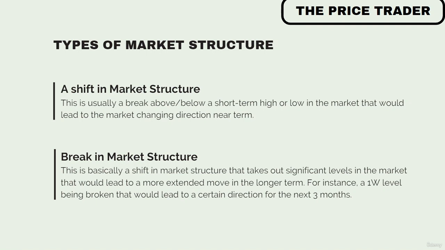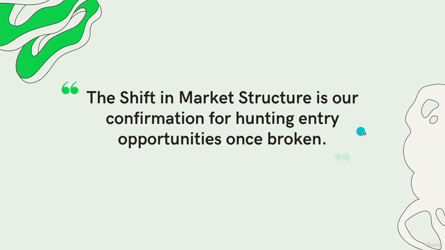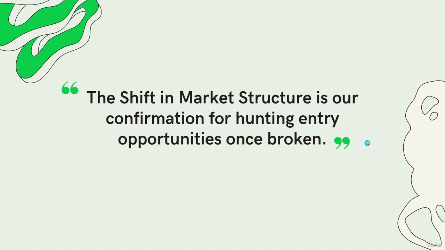As we've said, if the 1 week chart has broken a high or a low, it takes the market in the next 3 or 6 months in a certain direction. This shift in market structure, as we have outlined, is one of our confirmations for hunting an entry opportunity once it is broken.